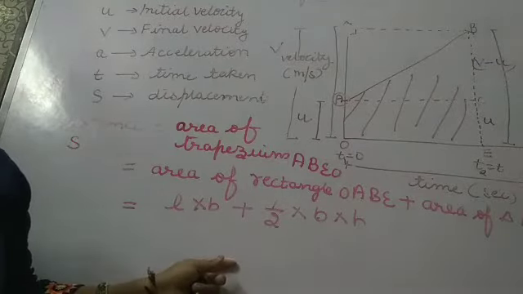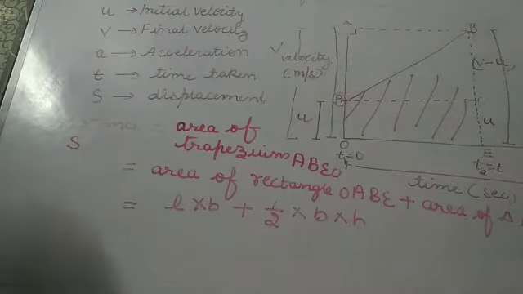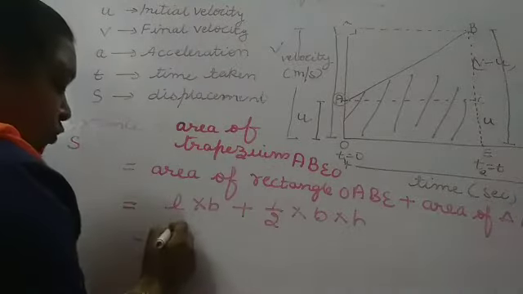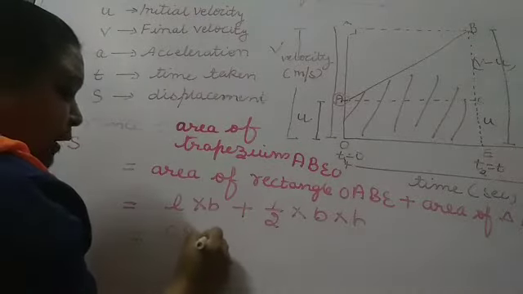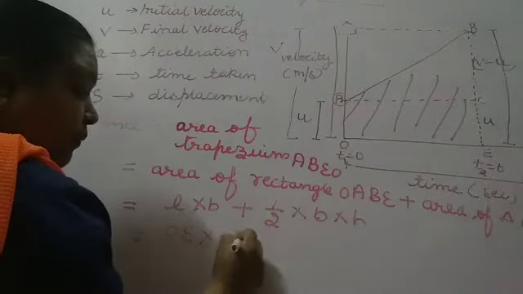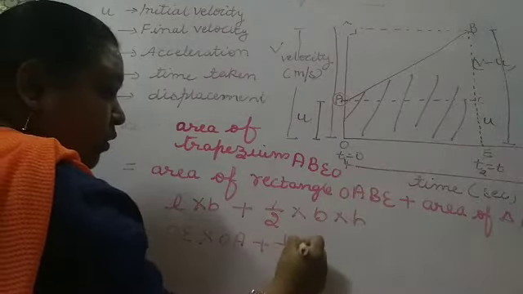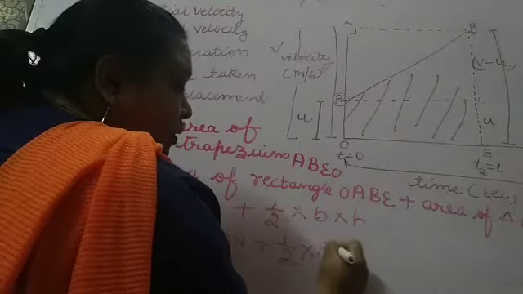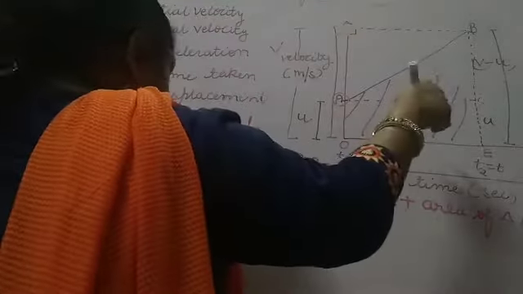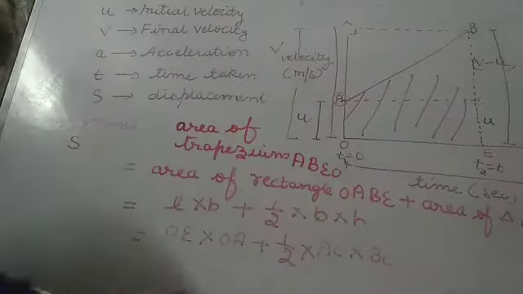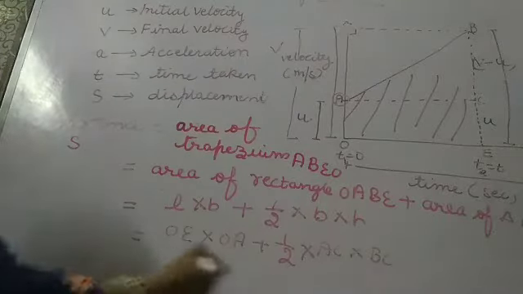Very easy equation it is. So the length is OE, multiplied by the breadth OA, then half, the base of the triangle AC multiplied by the height, which is BC here.